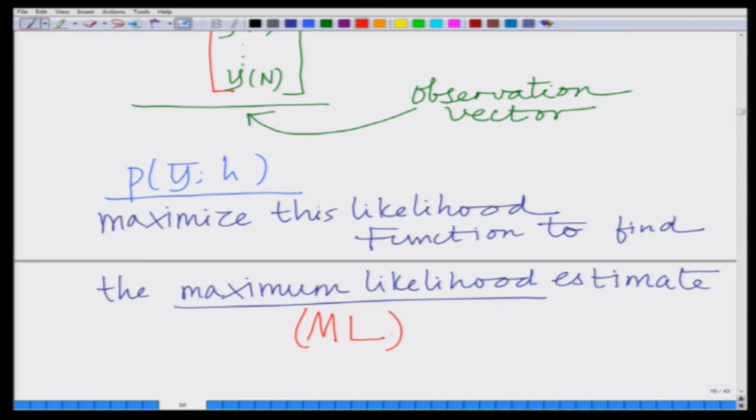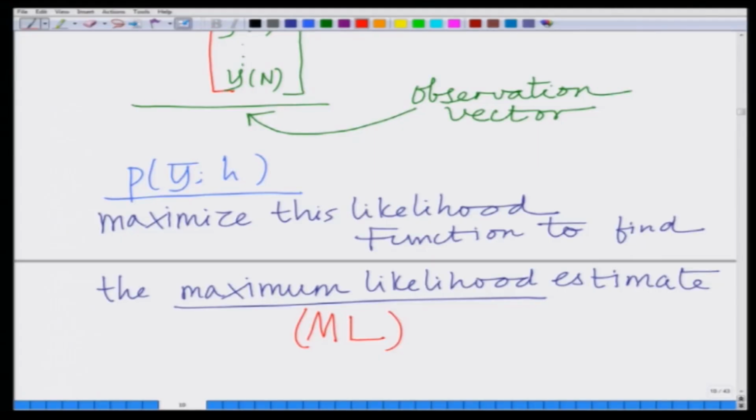So we would like to maximize the likelihood function to find the maximum likelihood estimate of the unknown parameter h.